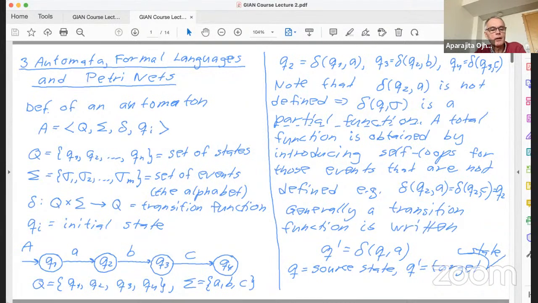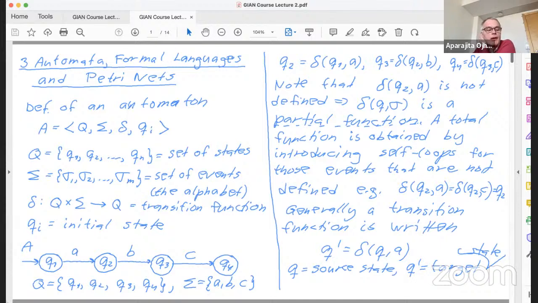And say in the last state here, you would then have a self loop including all three events A, B, and C, because this is a terminal state, so you will stay there forever. Okay.